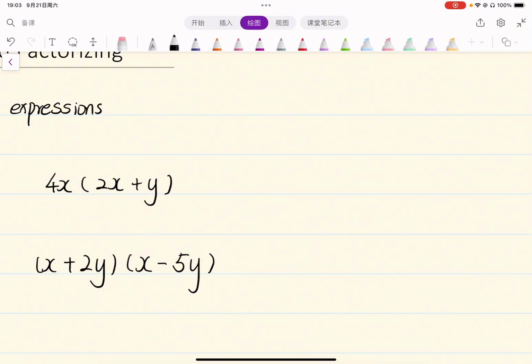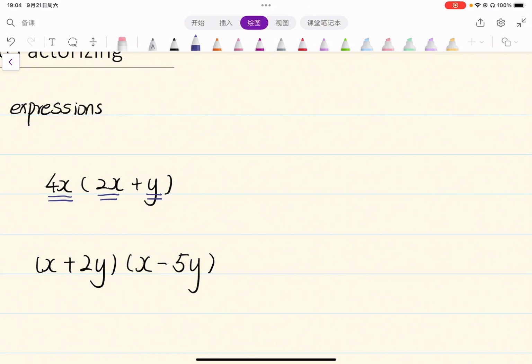So when we see those questions, what should we do? We need to multiply each term in one expression by each term in another one. So we have the first term, that is 4x, and in the second expression, we have two terms, which are 2x and y.